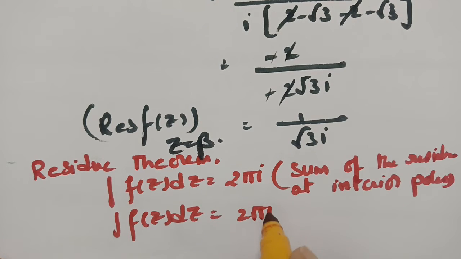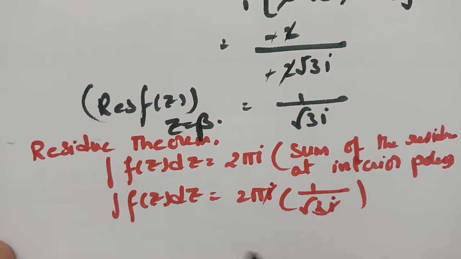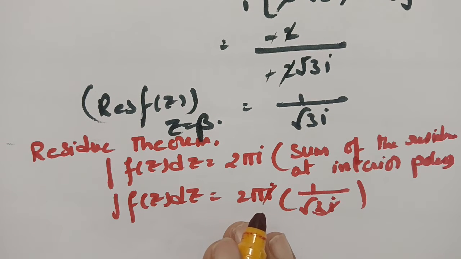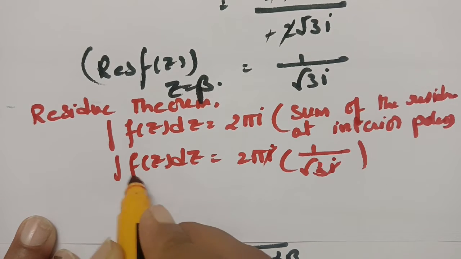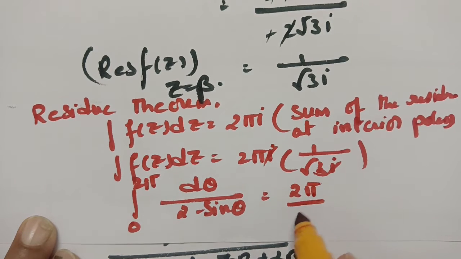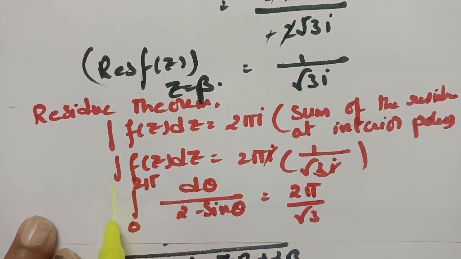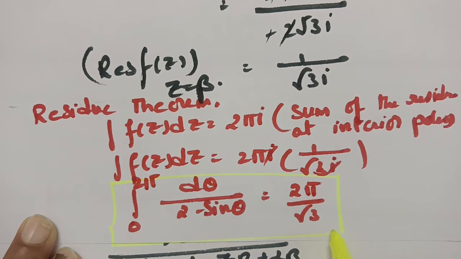So that is 2 pi i into 1 by root 3 into i. So if I cancel this root 3, this will be 2 pi by 3. So what is our integral value? Our integral value, integral 0 to 2 pi d theta by 2 minus a sine theta, is equal to 2 pi by root 3. So this is how we have to solve. This is also so simple if you follow this step, and let me explain you once again. So this is our final answer.